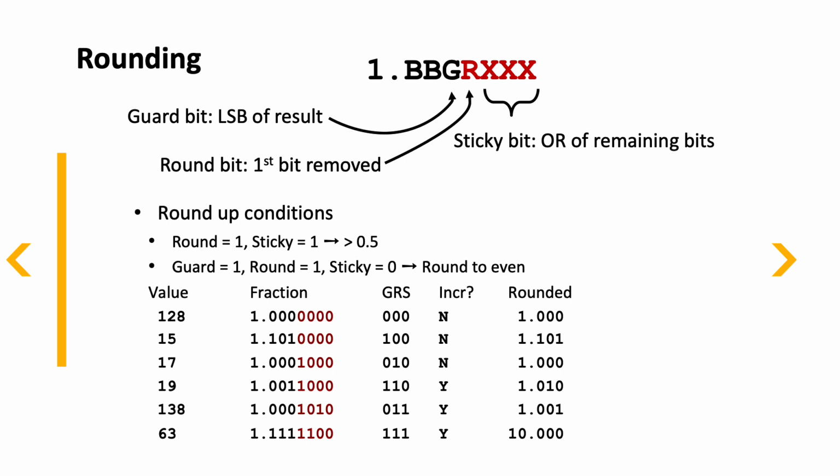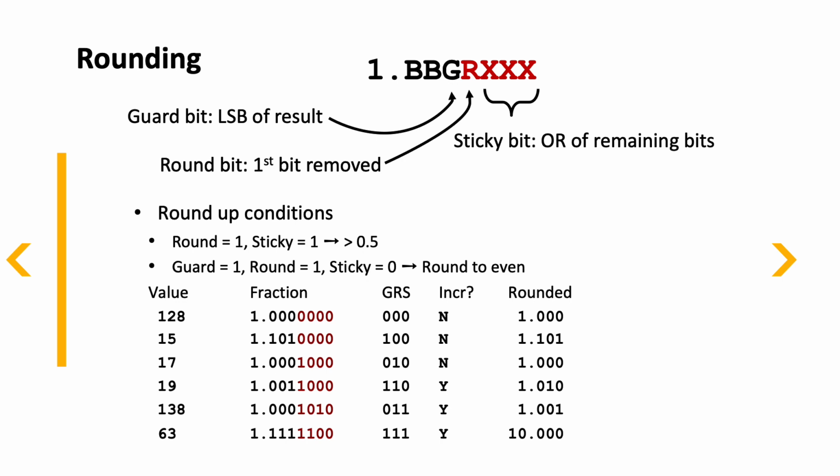If the guard bit is 1, the round bit is 1, and the sticky bit is 0, then we have to round to even. And because we're talking about round up conditions here specifically, we're going to do that by incrementing the value. Because that guard bit tells us that we currently have an odd number in our least significant bit that we want to keep.